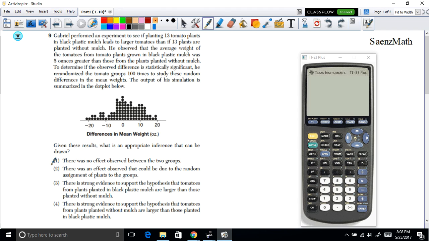Because option 2 says that there was an effect observed that could be due to the random assignment of plants to the group. Now, why is this true? Every time you do one type of observation, or if you want to do some kind of experiment, your observation should be done in a random manner.